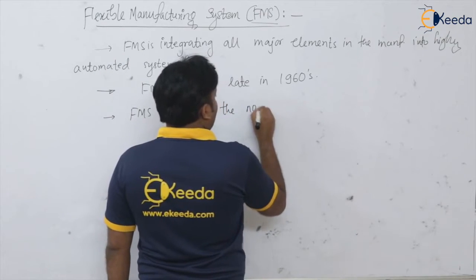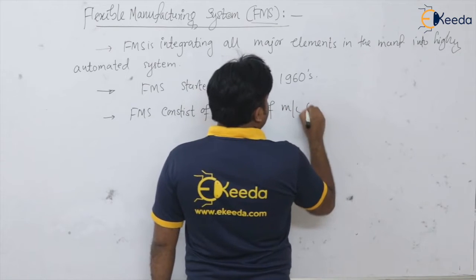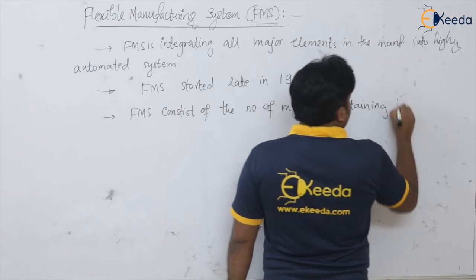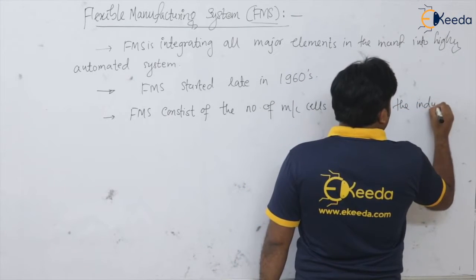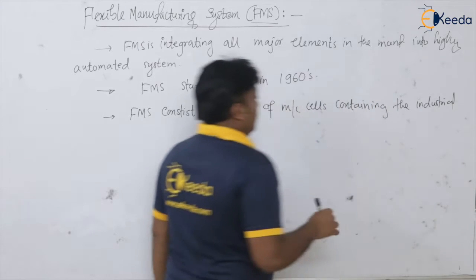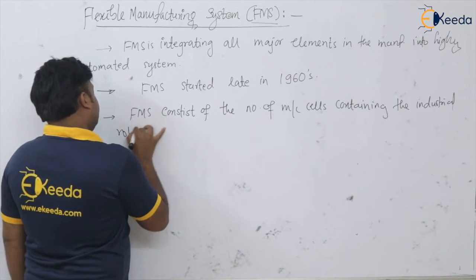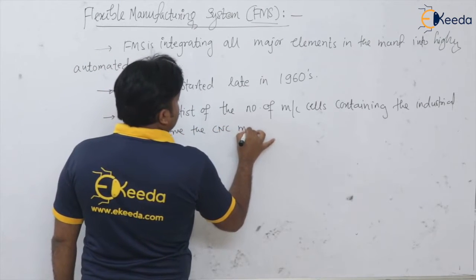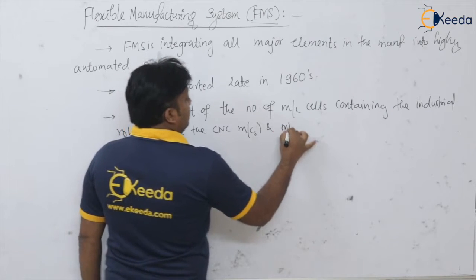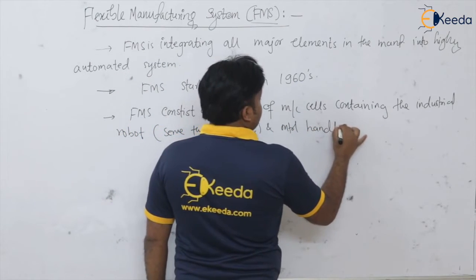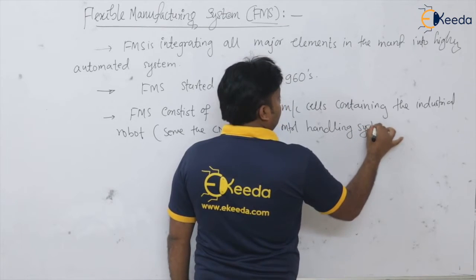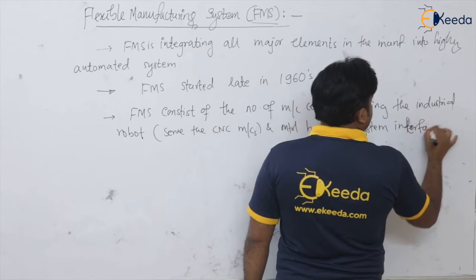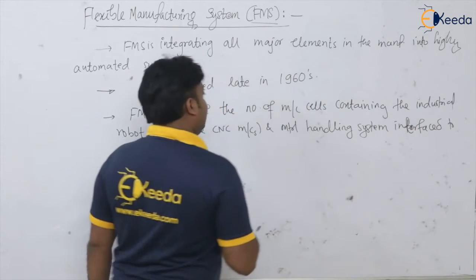a number of machine cells containing industrial robots, which will serve the CNC machines, and a material handling system which is interfaced to a central computer.